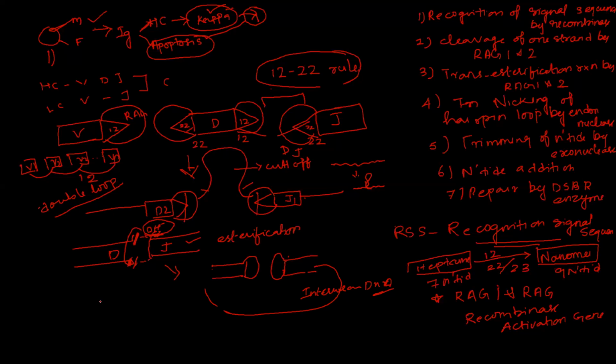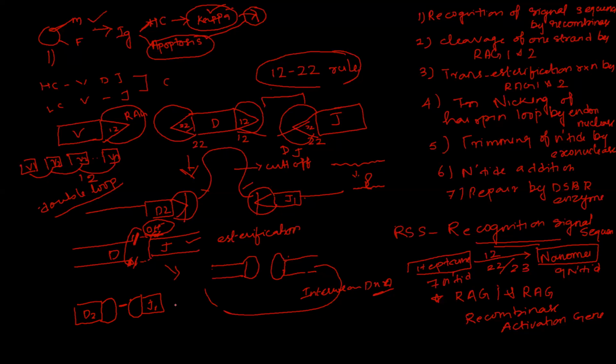Now let me focus only on that particular D2 and the small part of RAG, and you have J1, whatever you have as a part here. Now this D2 and J1 are very close, and a small hairpin loop is still present there, right? To connect them, how do you connect these two?